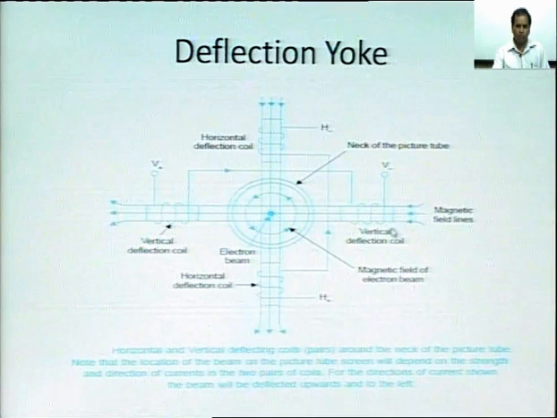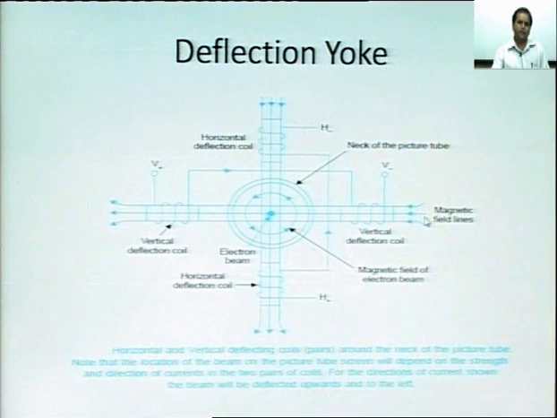for the vertical deflection coil. So, when current flows in this winding, the magnetic field will be there, here are the magnetic lines of force, and these magnetic lines of force will interact with the magnetic field. This is the magnetic field of the electron beam, here this circle.